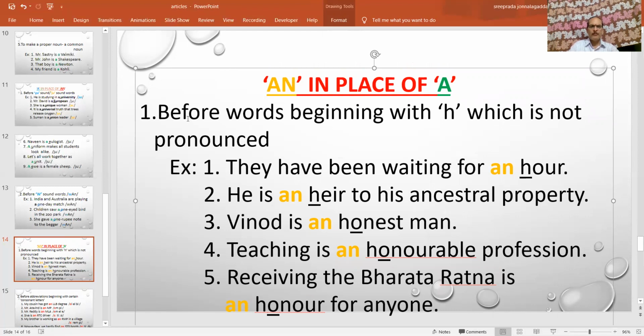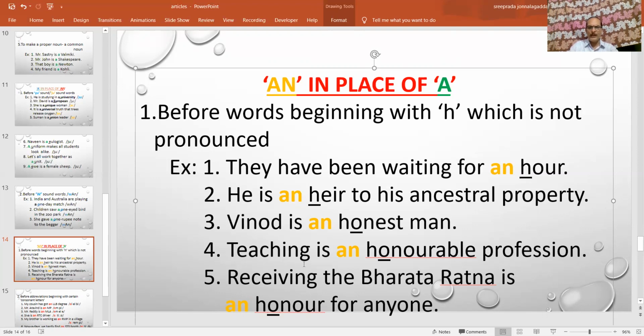For example, they have been waiting for an hour. Here we are not at all pronouncing the H. We are beginning the word with the sound of a, hour. So that's why we have to say an hour. Next, he is an heir to his ancestral property. An heir. H is not pronounced here also. That's why we should say an heir.